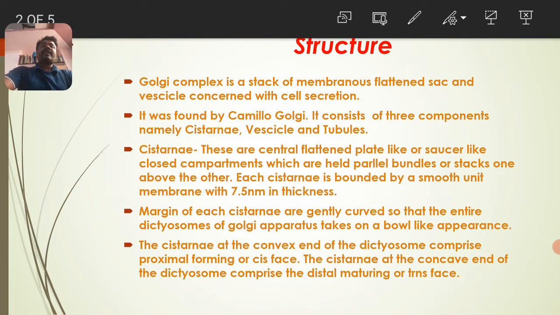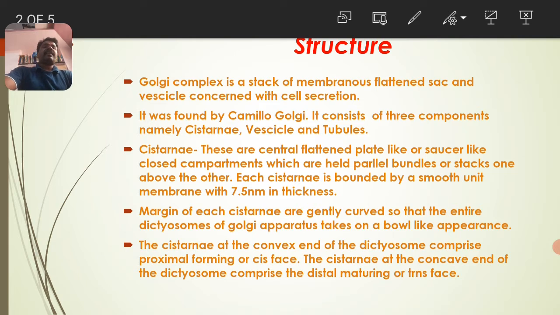Let us study these three components one by one. The first is cisternae, the second is vesicles, and the third is tubules.